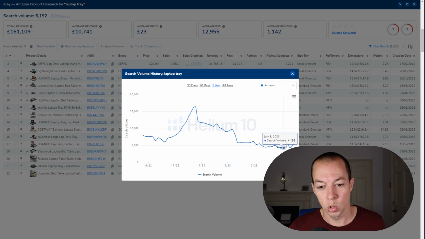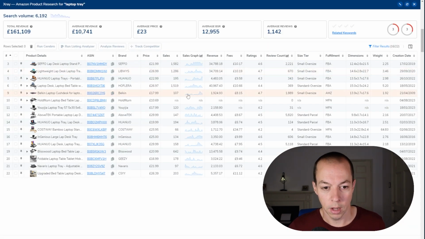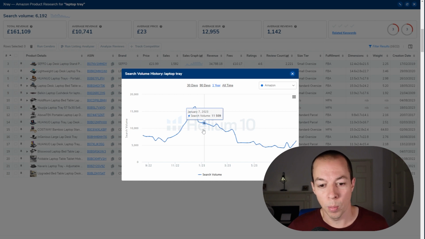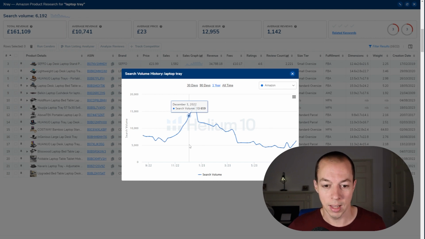If your baseline is you're happy with the current sales, so we know we're at the low point of the year, and you're thinking, yeah, I'll be quite happy with 150 sales per month, then this seasonality maybe isn't as big a concern as if you analysed it here in December, January, hoping to sell 400 or 500 units per month, and then all of a sudden the demand drops off massively throughout the rest of the year. So that's why it's important to be aware of seasonality.